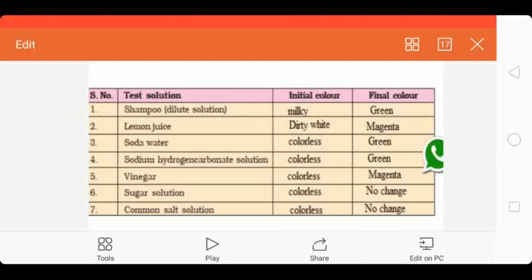The last one is common salt solution, which is also neutral in nature, so there will be no change when we add China rose indicator. Okay, so these are the substances which can be identified as acid or base using China rose indicator. Clear?